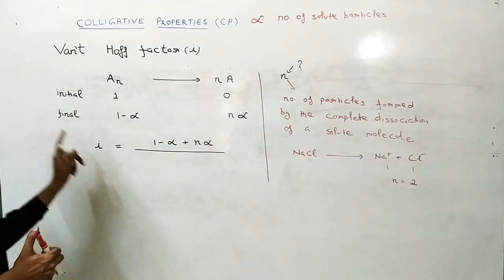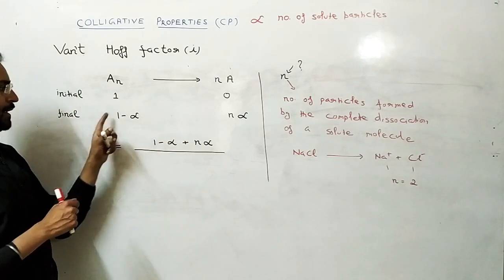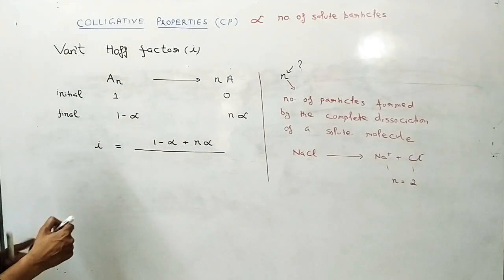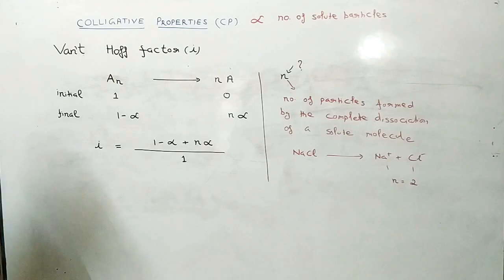Back to this. i is the number of solute particles inside the solution, that is 1 minus alpha plus n alpha, divided by the number of solute particles taken.